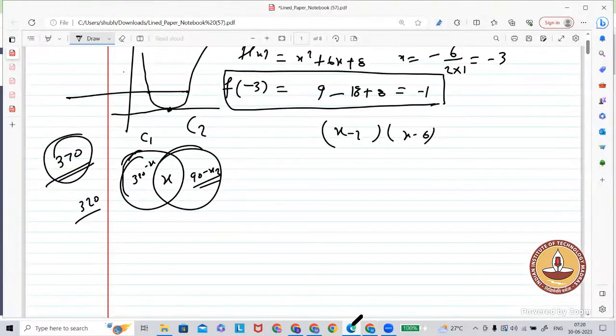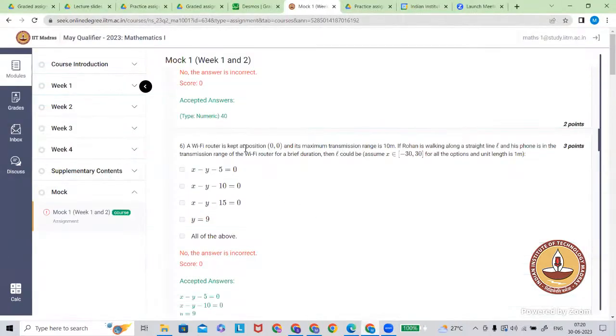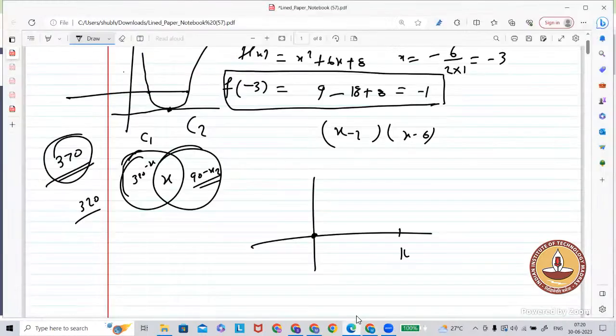Suppose you make it like this, the router is kept here at position (0, 0), and the maximum range is 10 meters. So in all directions he can reach 10 meters.